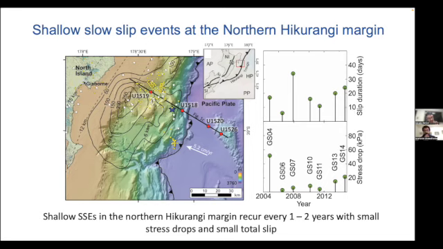One of the unique things here is that we have an excellent record of shallow slow slip events going all the way back to 2002, and also some IODP drilling, which recovered materials that we think are participating in these shallow slow slip events. So we have materials that could be representative of the shallow slow slip source.